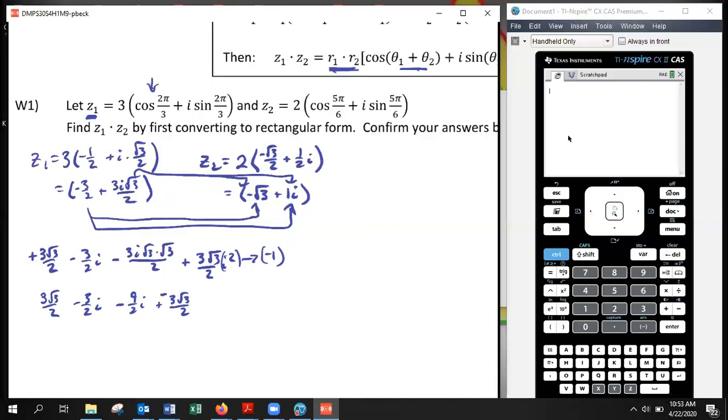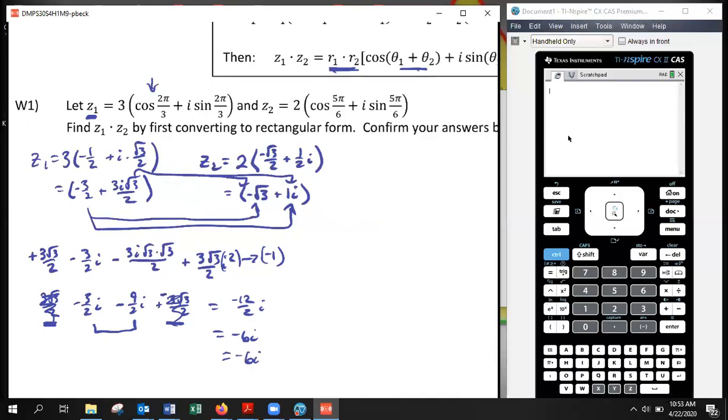And now, if you notice, this 3 square root of 3 over 2 and this negative 3 square root of 3 over 2 will cancel each other out. These two we can combine together into negative 12 halves i, or negative 6i. So what ends up happening is when we multiply these two together, we end up purely with negative 6i.